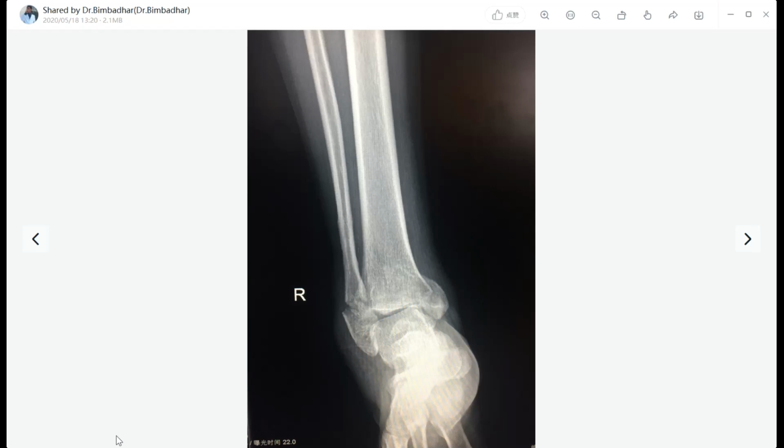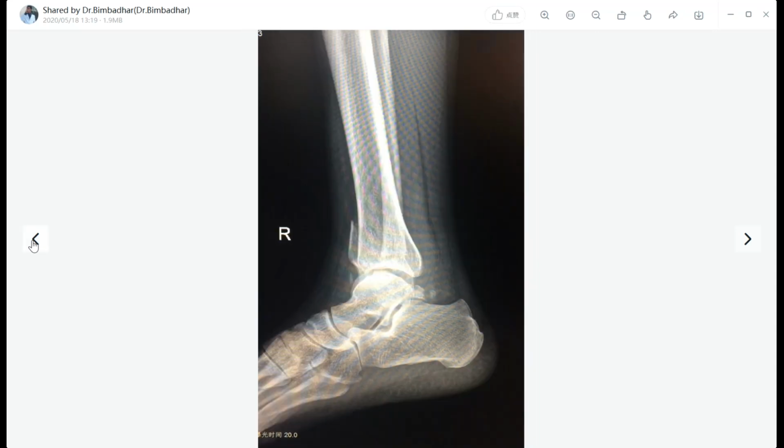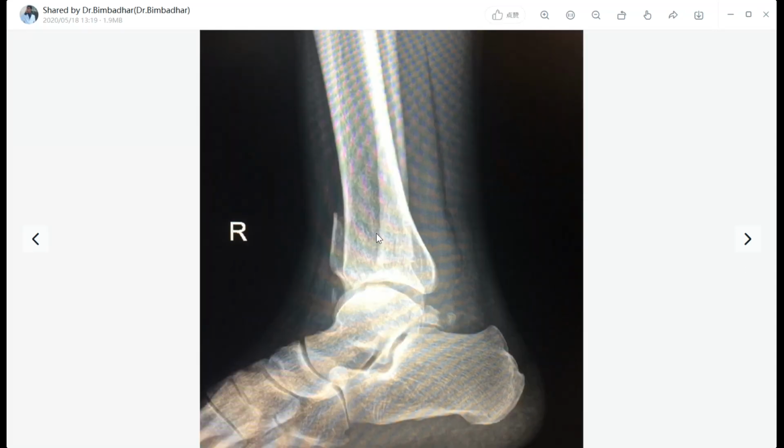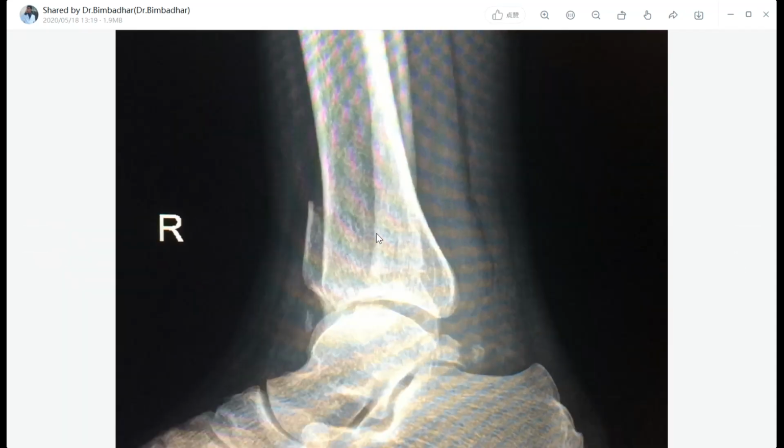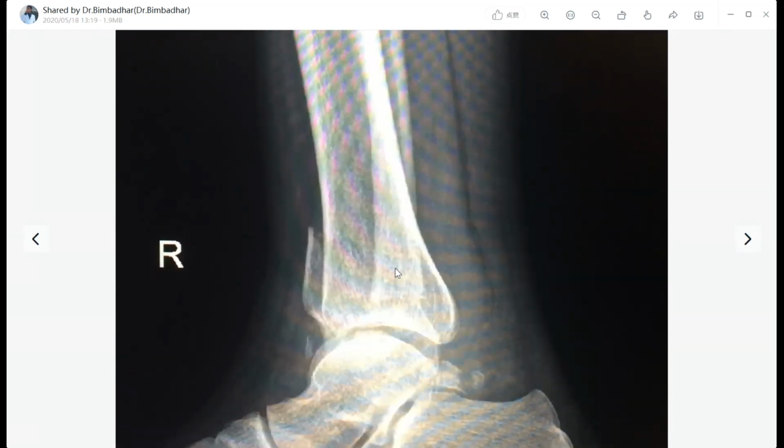Okay, see here, when I'm coming closer, you see here, this is the tibia, this line comes down along with the tibia, and this line is the fibula. Perfect.